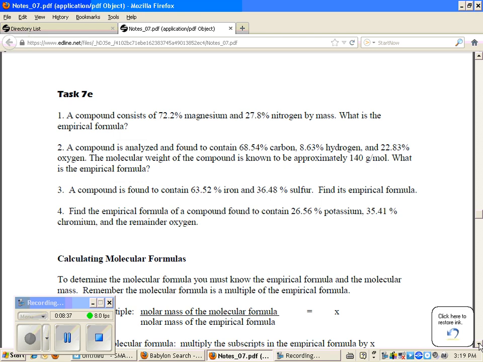Right here is task 7, and I'm going to do the first one, and I'm going to ask you to do it on your own before you look at the video. So if you'll take just a minute and try that before you do the video, and then I will have the answer for you.